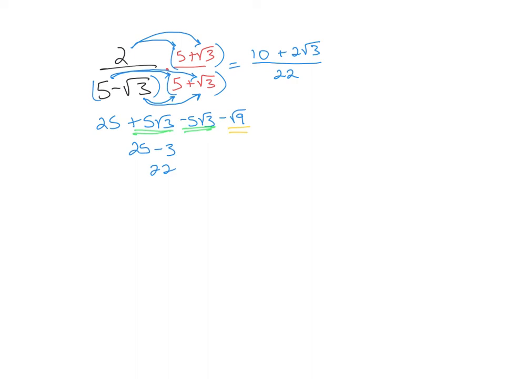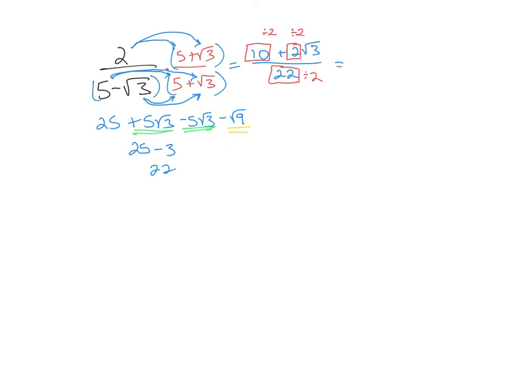The one last thing I have to do is I need to look at all the numbers that are on the outside. And if I can divide something with all those numbers, I need to do that. In this case, I can divide all of them by 2.